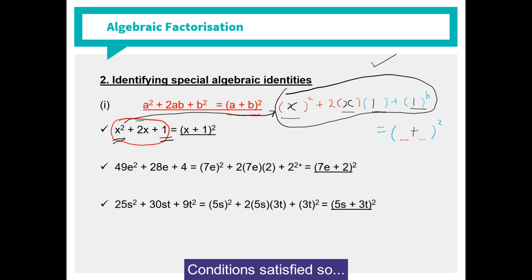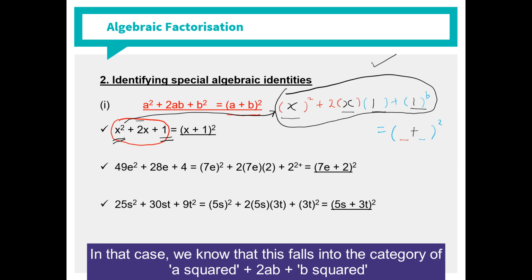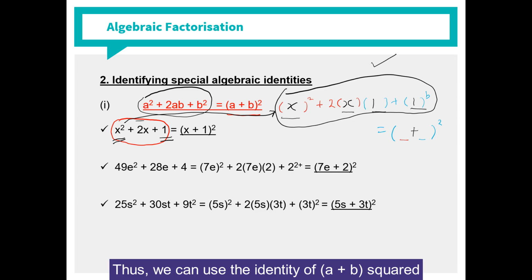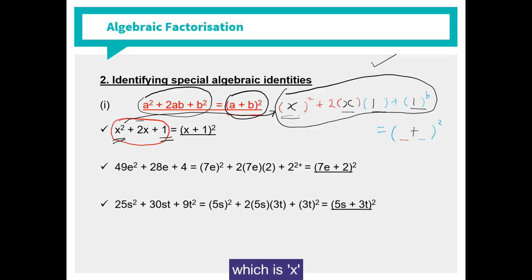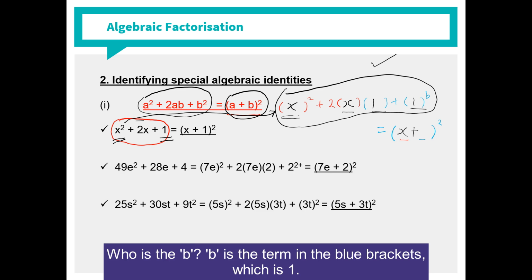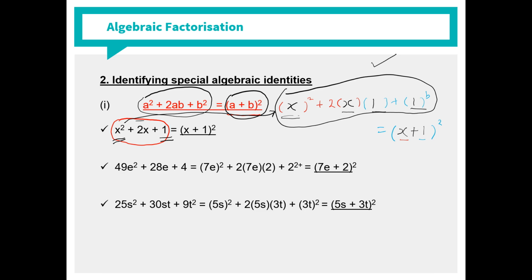So in that case, this falls into the category of a squared plus 2ab plus b squared, and we can use this identity of a plus b whole thing squared. Who's your A? Your A is the one in the red bracket, which is x. Who's your B? Your B is the one in the blue bracket, which is 1. That is why we have x plus 1 whole thing squared.